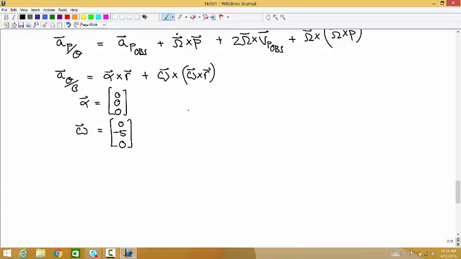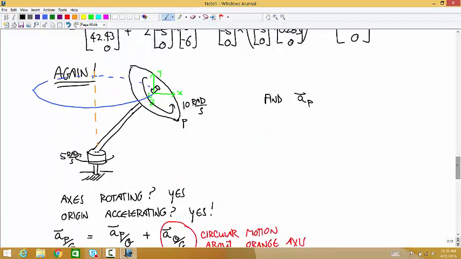And what's R? Well, actually, how long is that? Oh, yeah, you're right. So all we need is the distance from this orange axis to where the origin is.